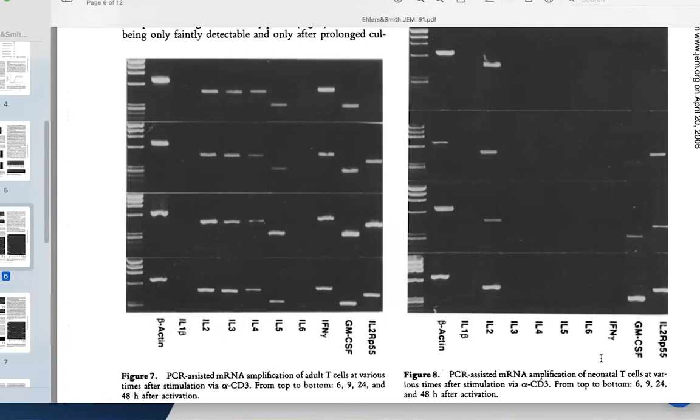Now here's amplification of the neonatal cells at these same time intervals, 6, 9, 24, and 48. You can see that IL-2 is positive, and GM-CSF comes up at 24 and 48 hours because it's an IL-2 induced gene rather than simply a T cell receptor induced gene.